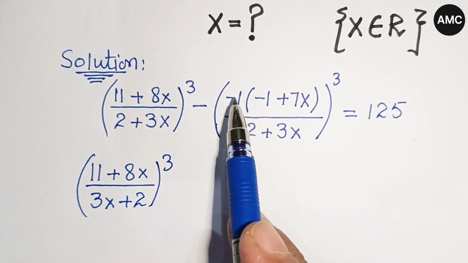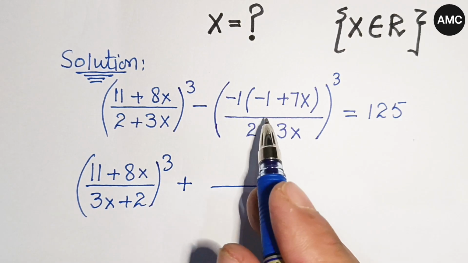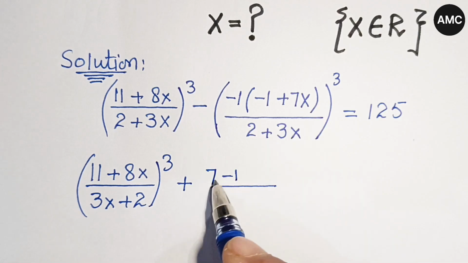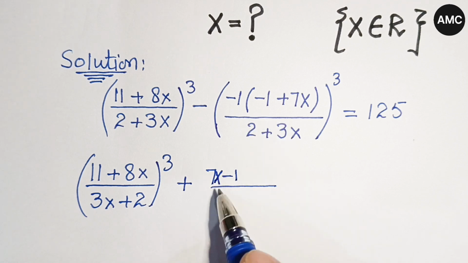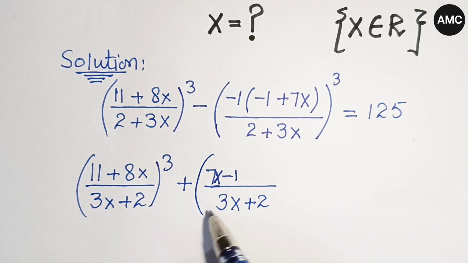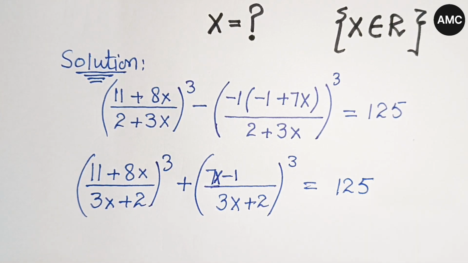Here minus times minus will be plus, so we have the second term as ((7x − 1) / (3x + 2))³, and it is equal to 125.